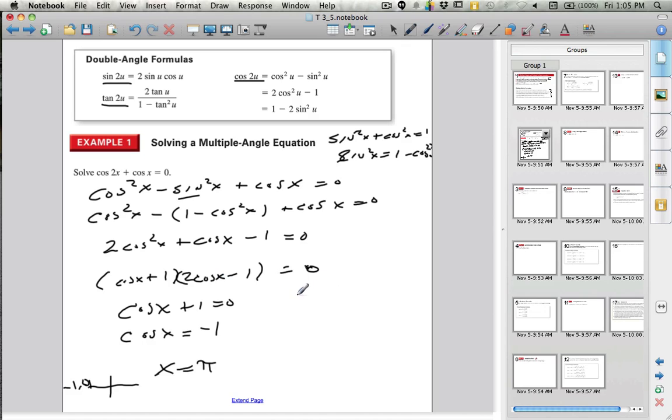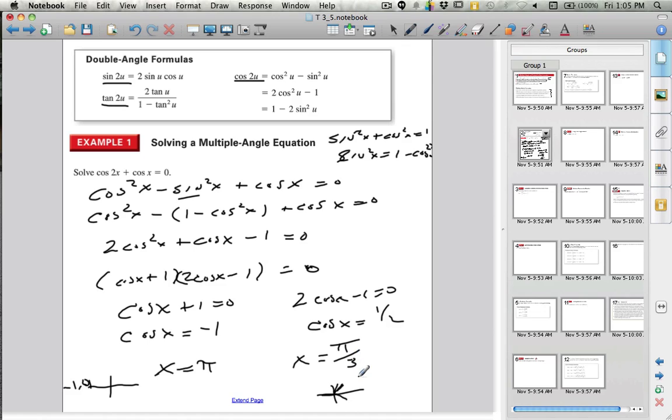And over here, 2 cosine x minus 1 equals 0. So cosine of x would equal, add 1 and divide by 2, 1/2. So where is cosine 1/2? Where's the x-coordinate 1/2? That would be here and here. So this would be 60 degrees, or pi over 3.